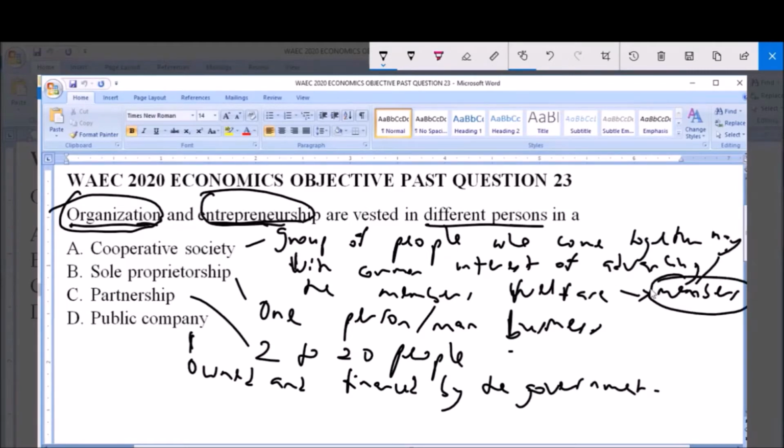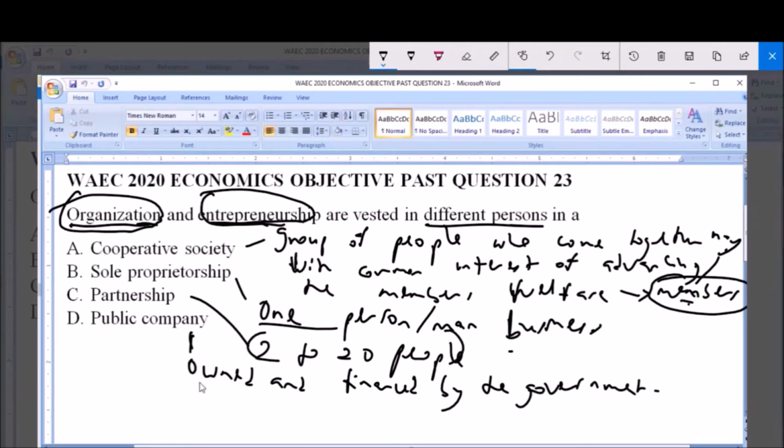So you can't say the membership and entrepreneurship are vested in different persons, because it is the same set of people, just a select few number of the members that are also part of the management. So it is not vested in different persons. Now, sole proprietorship is obviously owned and operated by one person, so everything is run by one person. Now, the same thing goes for partnership. This same group of people are responsible for the organization and entrepreneurship.